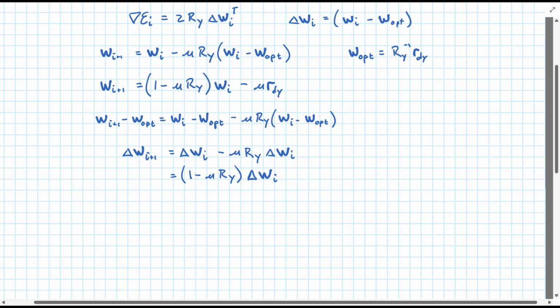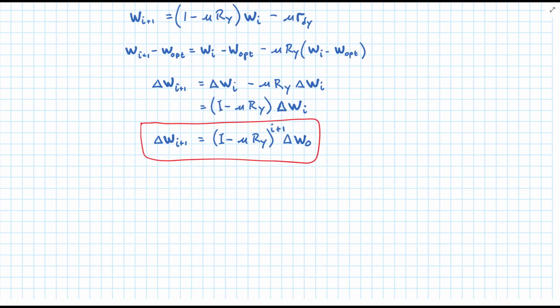And now, a little bit of simple induction tells us that we can express our weights as a power relationship with respect to our initial condition, our initial guess. This is very similar to what we had before, but now I minus mu Ry is a matrix, not a constant. And so determining the behavior here is going to require a little bit more work.